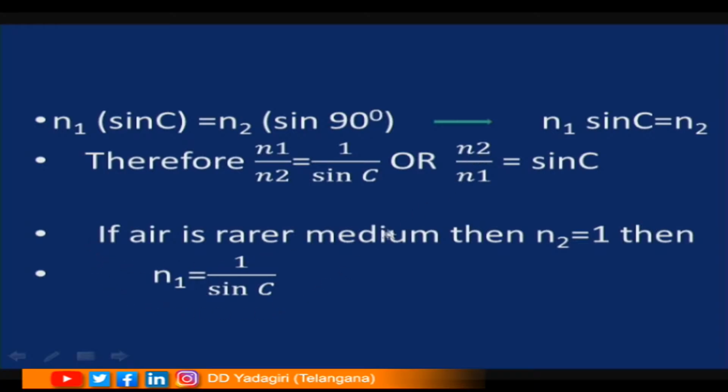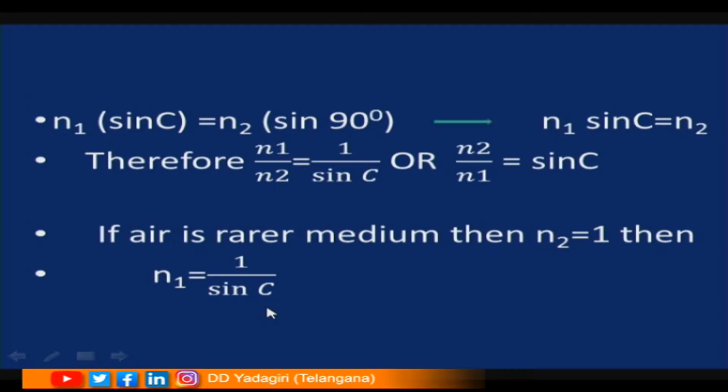Suppose air is the rarer medium in any condition, then n2 must be taken as 1, because the refractive index of air is equal to 1. Then the relation is modified as 1 by n1 is equal to sin c. Finally, we can write n1 is equal to 1 by sin c.